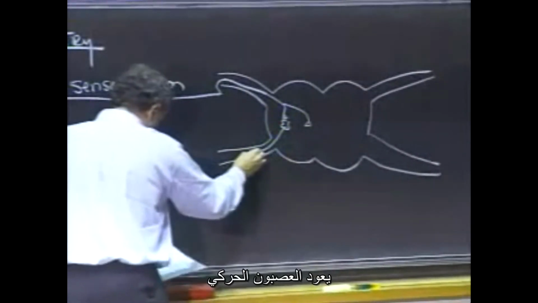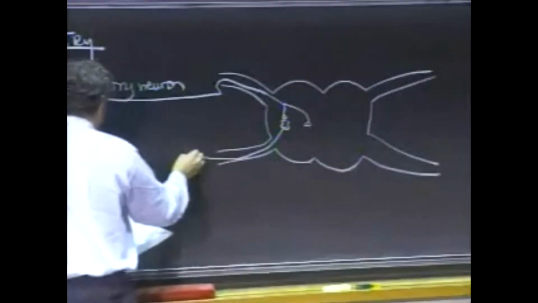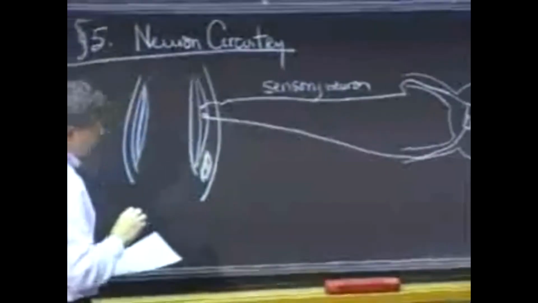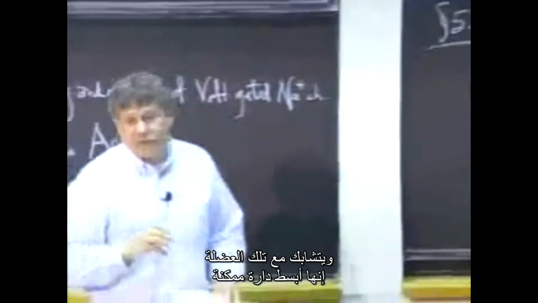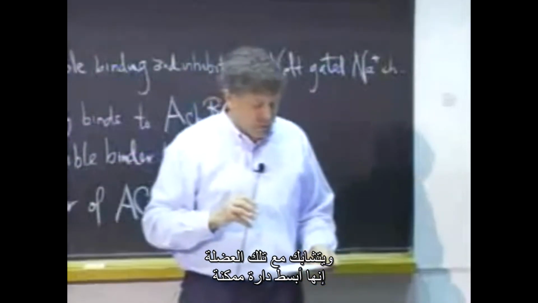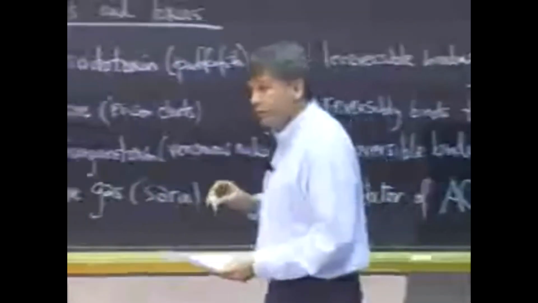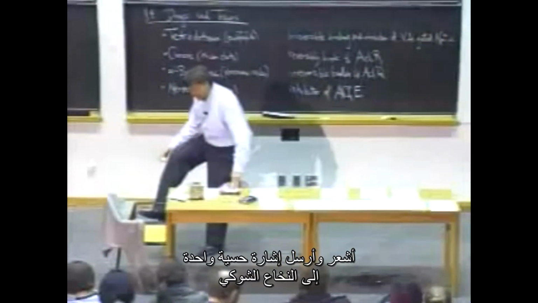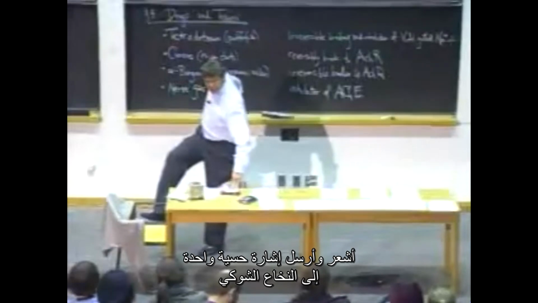The motor neuron comes back and synapses on that very muscle. It is the simplest possible circuit. I send one sensory signal up into the spinal cord.